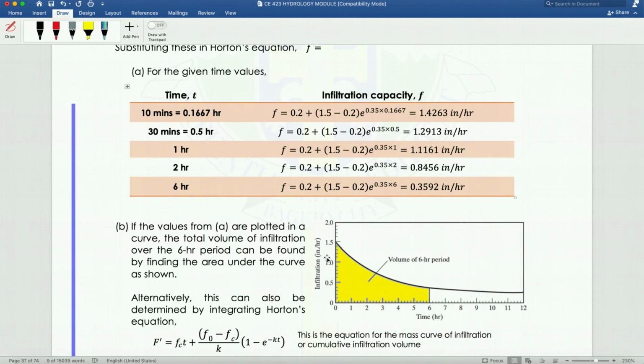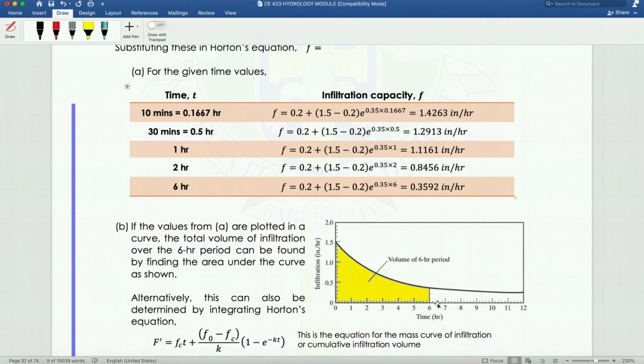So, at 10 minutes, we have 1.4263. So, plot natin doon. At 0.5 hours, dito yon. At 0.5 hours, we have 1.2913. Okay? Next, at 1 hour, the infiltration is 1.1161. So, nandito yon. At 2 hours, the infiltration is 0.8456. So, nandito yon.